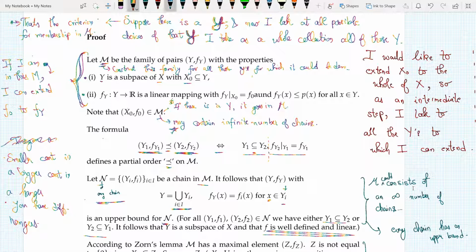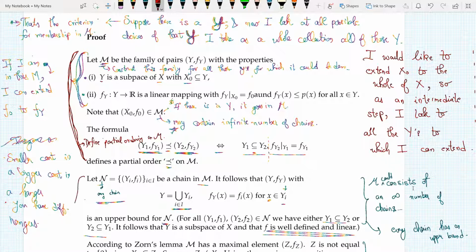All that we did till now is, in this space, we defined a partial ordering. So let me write it down. Define partial ordering on M. I took a family of pairs and then I defined a partial ordering on them.